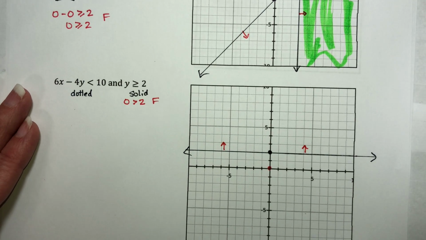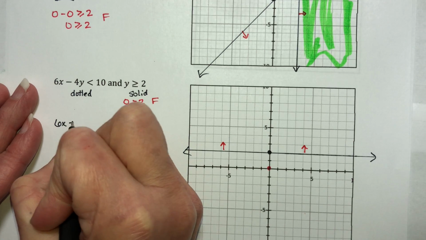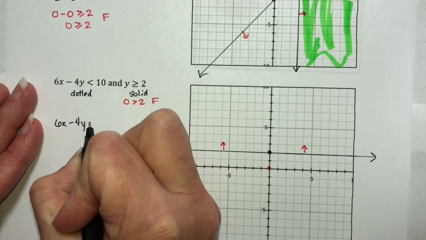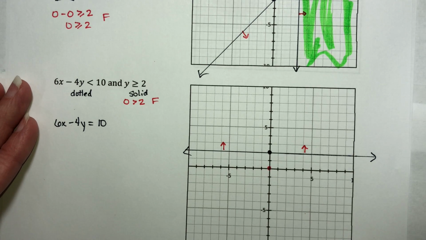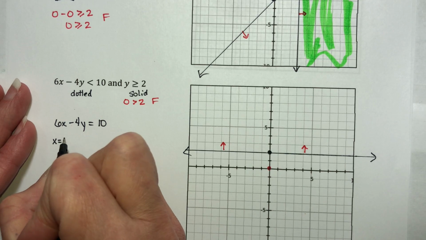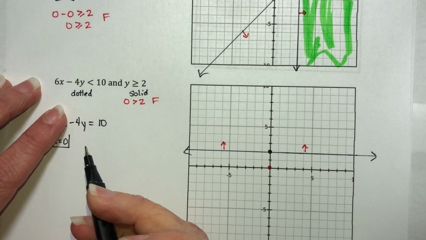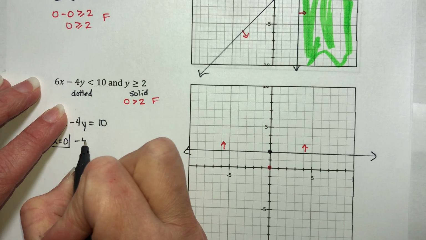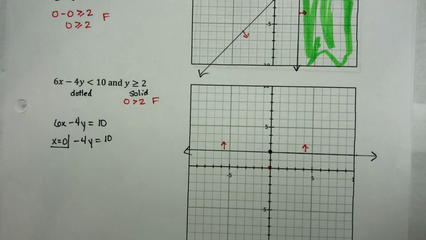Now let's worry about this one. We pretend that we have 6x minus 4y is equal to 10. Let's try using intercepts. If x is 0, then that's 6 times 0, which makes that go away. I have negative 4y is equal to 10.